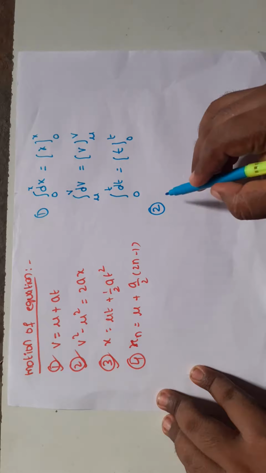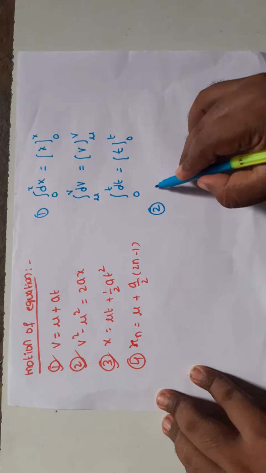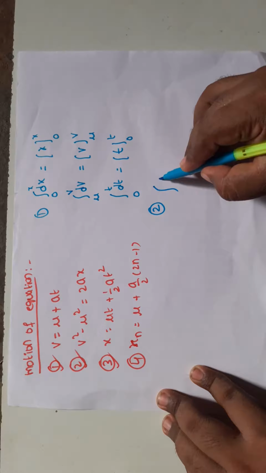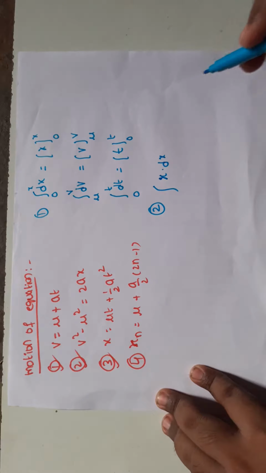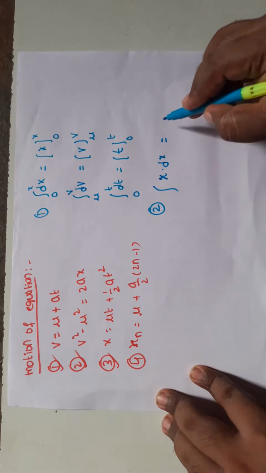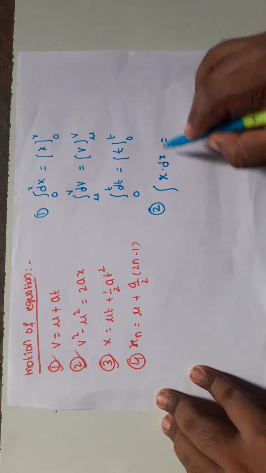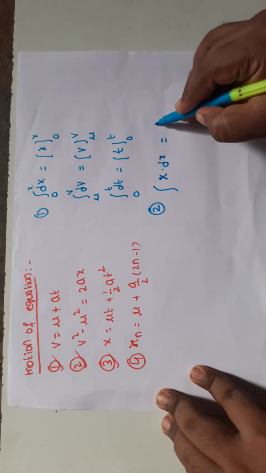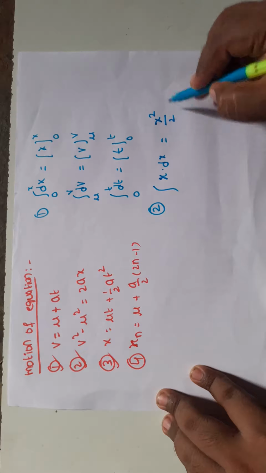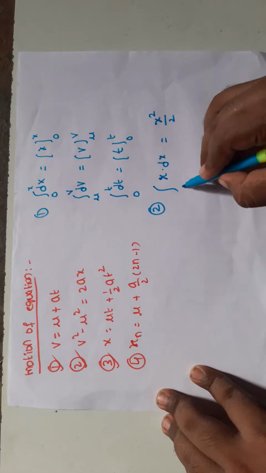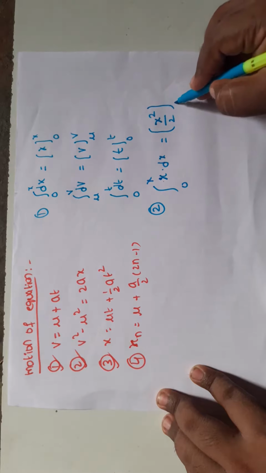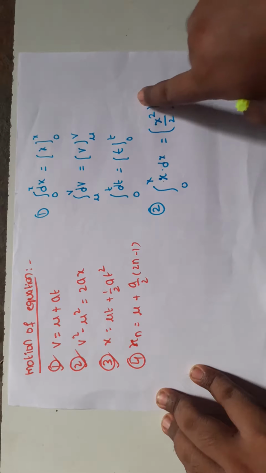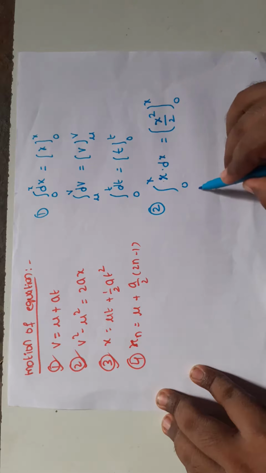The second integral formula: the integral of x into dx equal to x square by 2, with limits 0 to x, so apply the upper limit minus the lower limit.